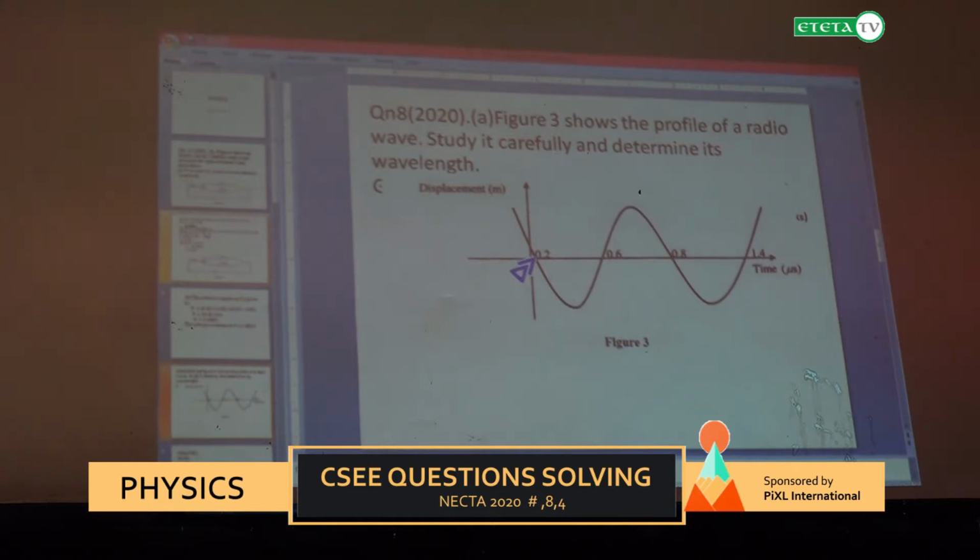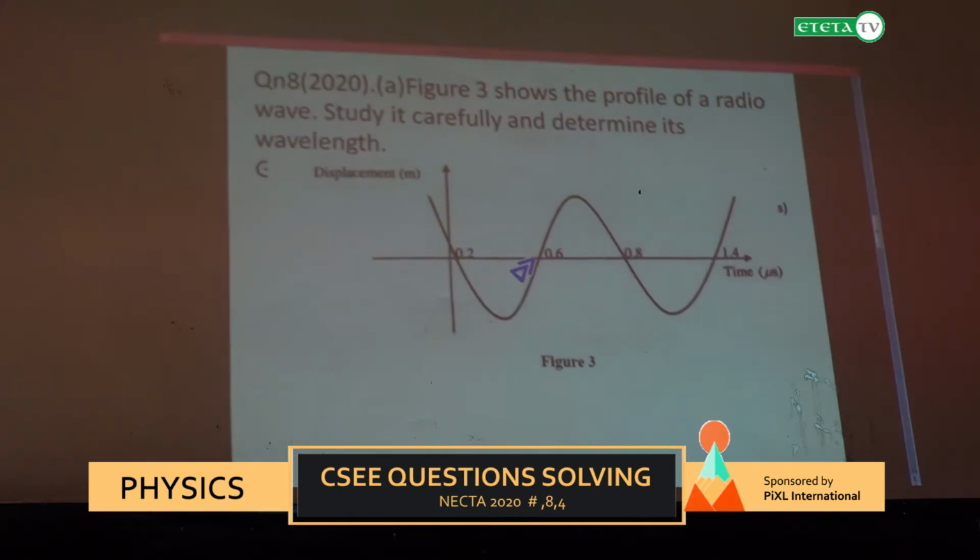Now we have the figure here. It shows the profile of the radio wave. In the vertical we have displacement, and the unit of displacement is meters.